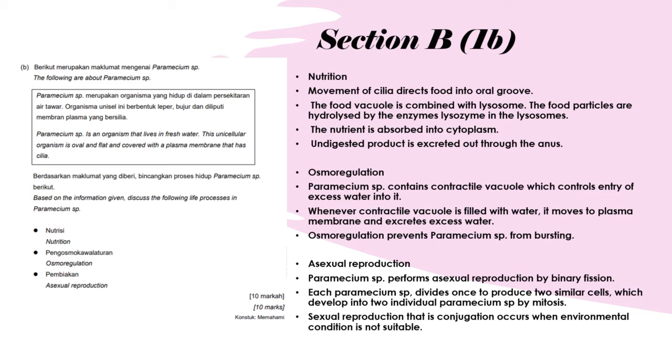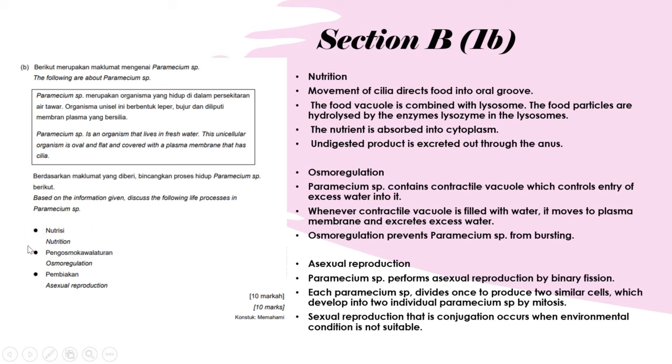As mentioned in the statement here, this unicellular organism is oval and flat and covered with a plasma membrane that has cilia. So that already gives a key for you. You have to explain the life process, in what aspect?